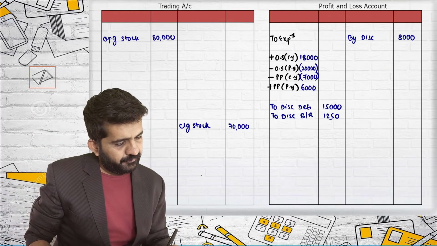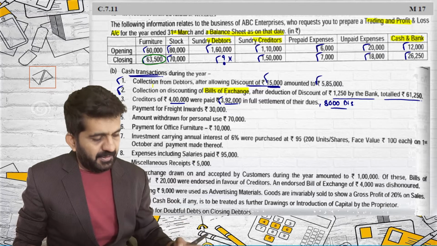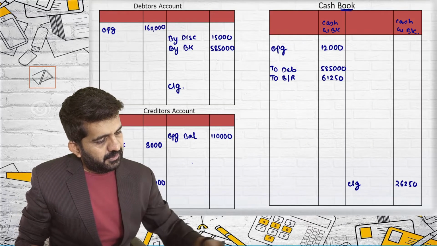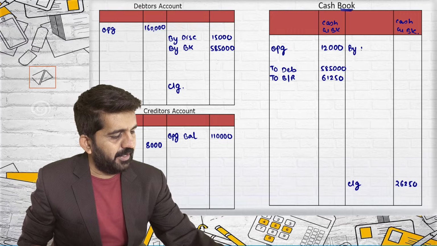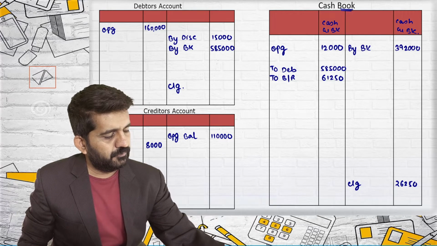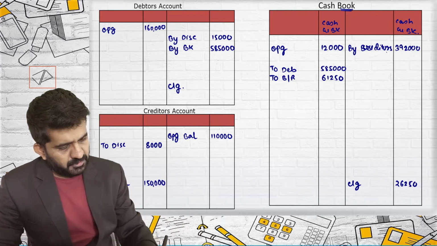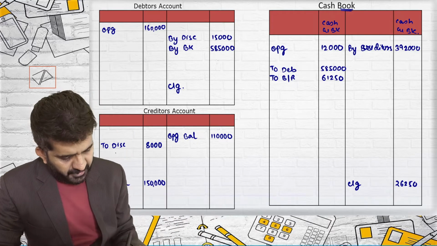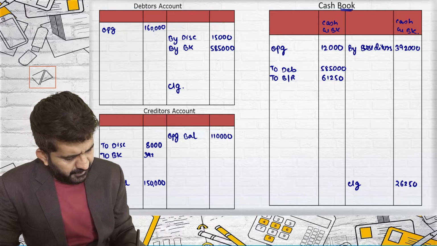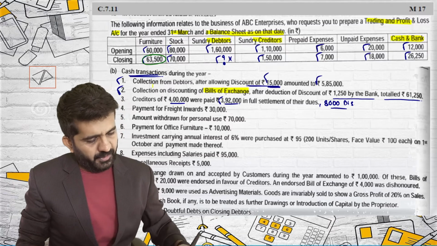Two effects. Then 3,92,000, two effects. Payment made to creditors 3,92,000 by bank. Creditors account debit side to bank 3,92,000. Two effects of 3,92,000, we can go ahead.